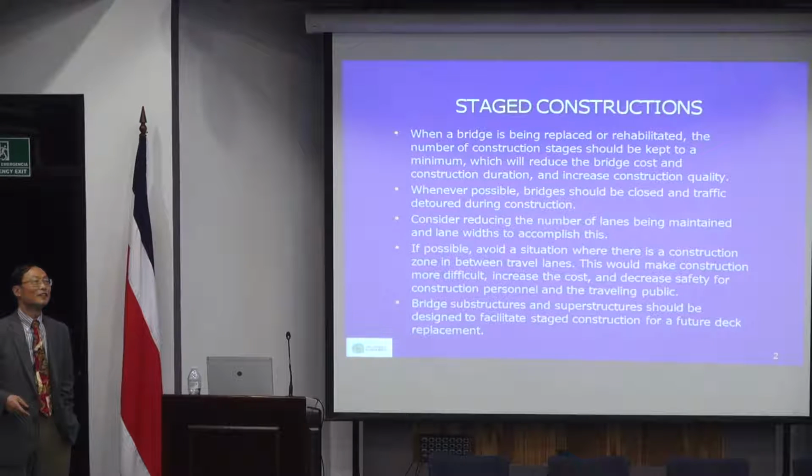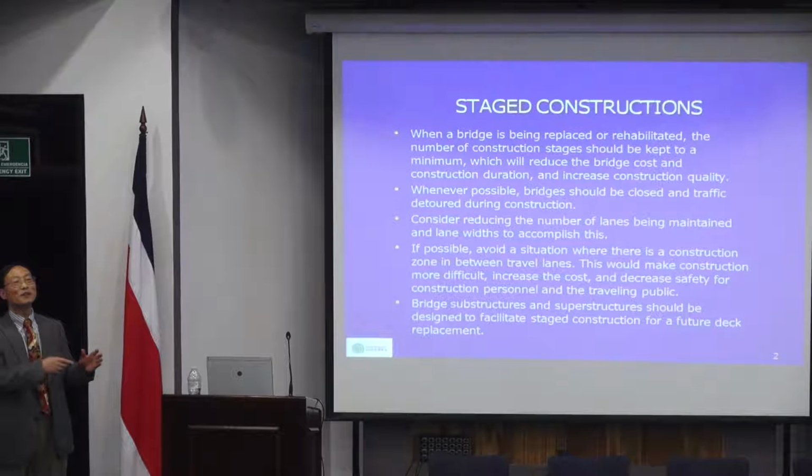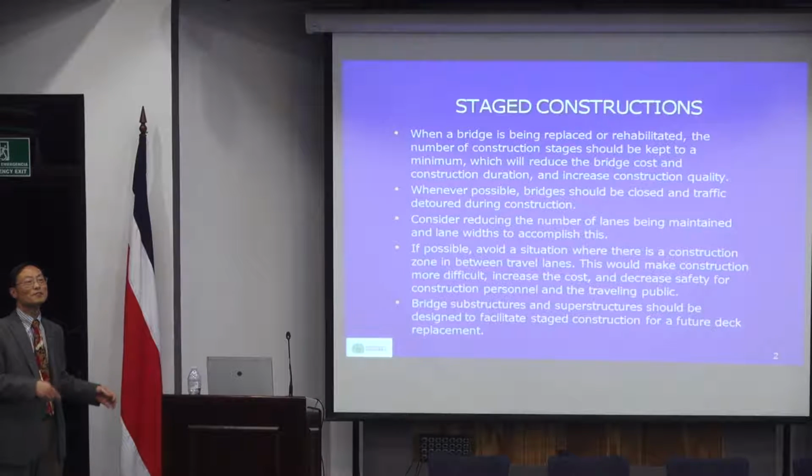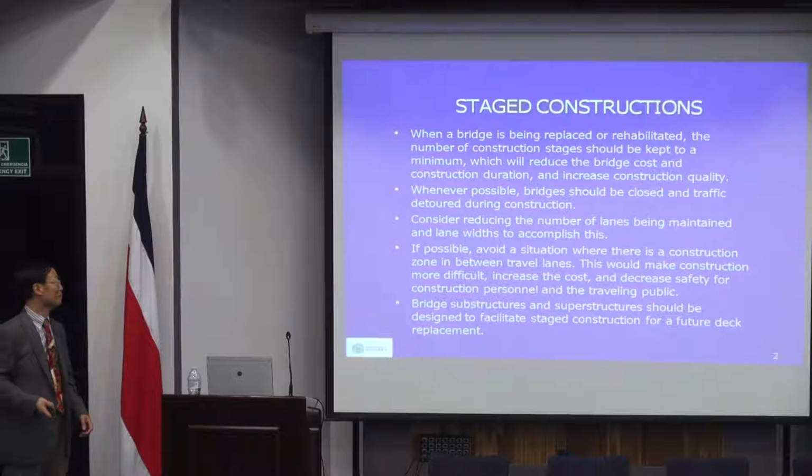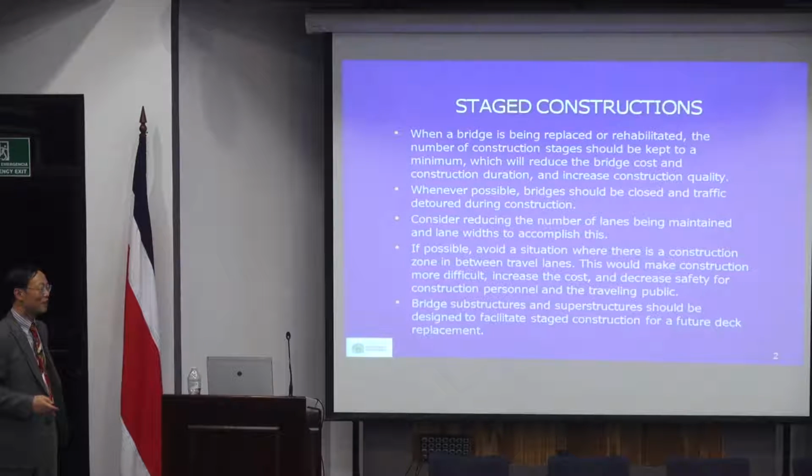Sometimes it may be cheaper to build a temporary bridge side by side with the existing one, and use it to detour the traffic, so you can build the whole bridge deck in one shot. If you cannot avoid that, then probably staged construction is the only approach.